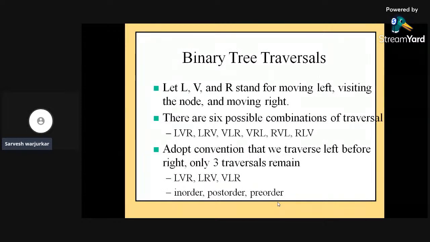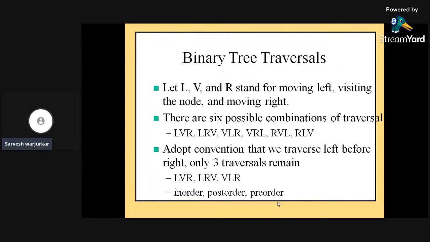There are various different tree traversal techniques. We can consider it as left, visiting and right. L, V and R stand for moving left, visiting the node and moving right.